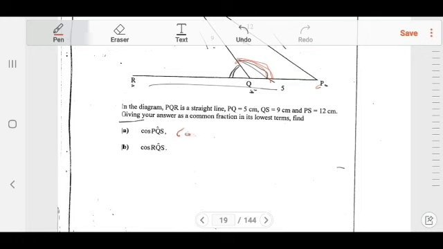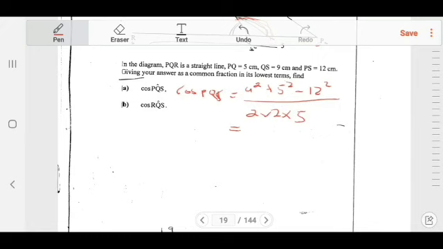Using the cosine rule, we say cos PQS equals to 9 squared plus 5 squared minus 12 squared over 2 times 9 times 5, which gives us 81 plus 25 minus 144 over 2 times 9, which is 18, times 5, which is 90.